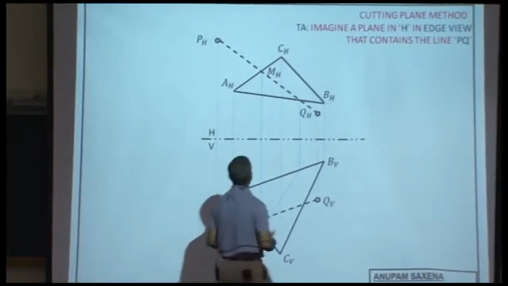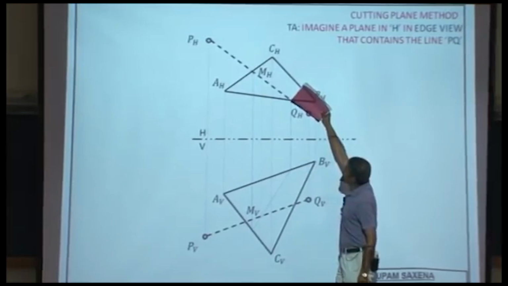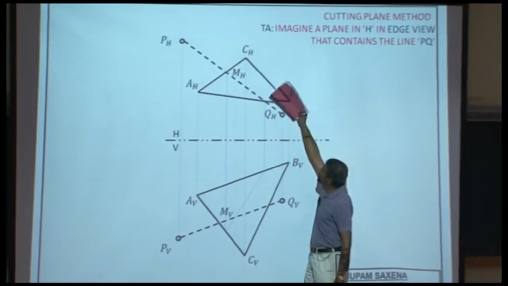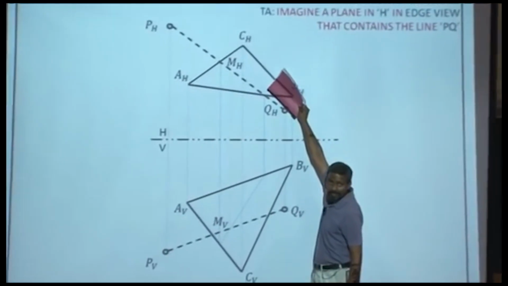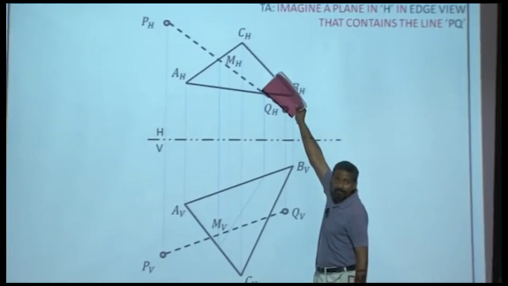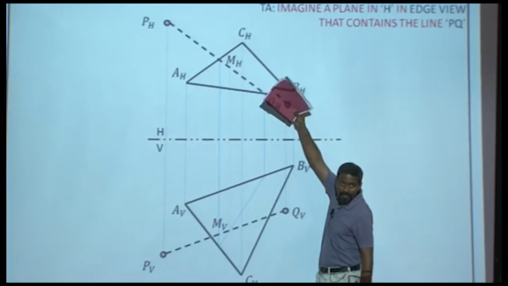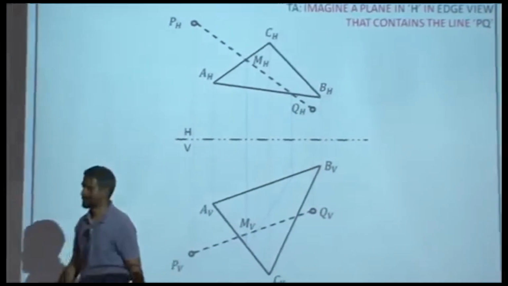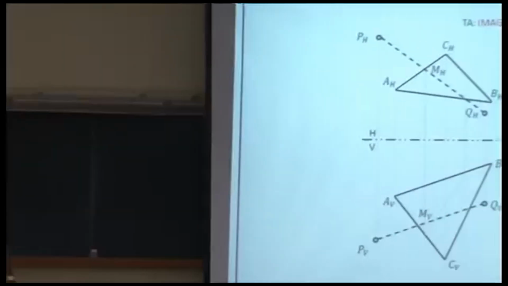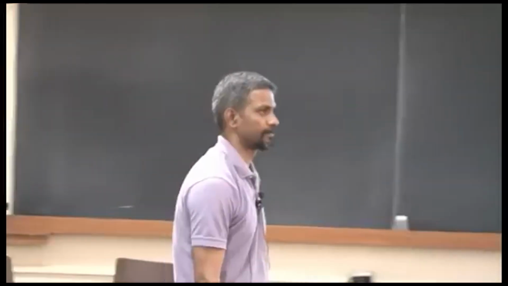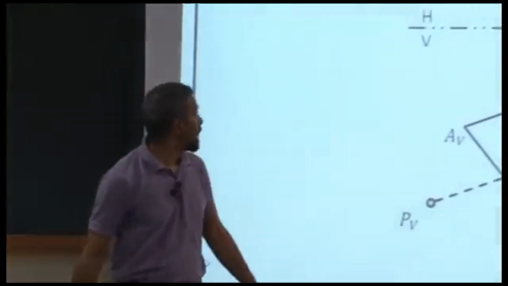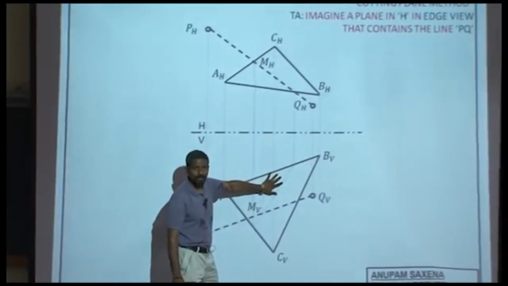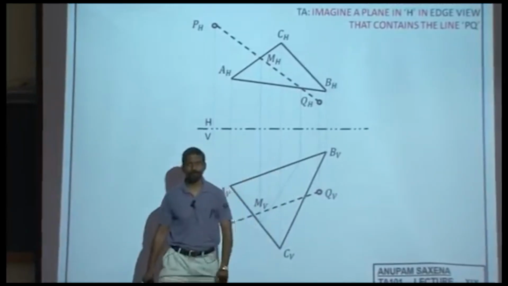Once again, if I have a plane here containing PQ, and if this plane is intersecting with the plane ABC, which part of ABC will be in front of this plane and which part of ABC will be behind this plane? Think about that. And in particular, if you flip this scenario and come back to the vertical plane, what happens then?